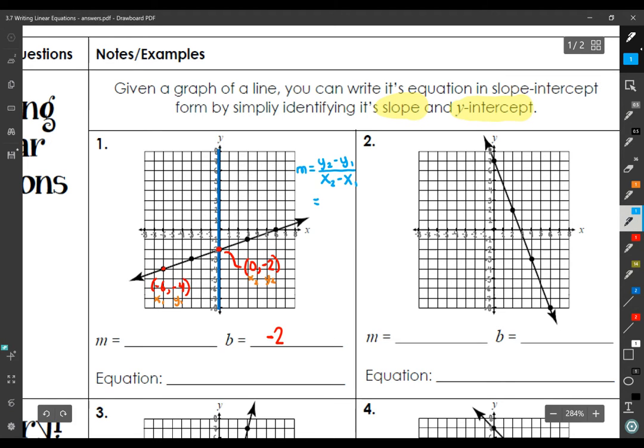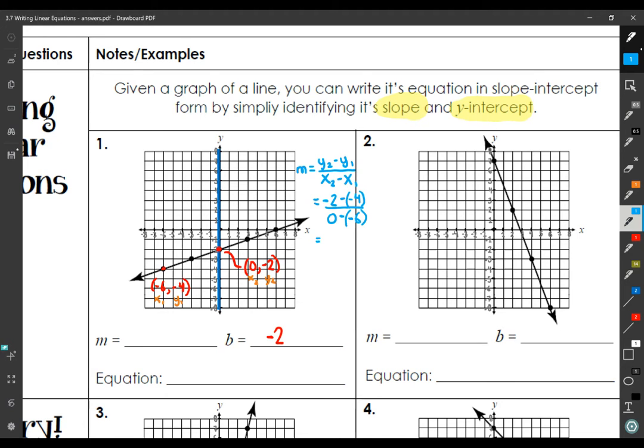So y2 is my -2 minus y1, which is -4. x2 is 0, and x1 is -6. Pay attention to your double negatives when you're working with the slope formula, because that's where most of the mistakes happen.